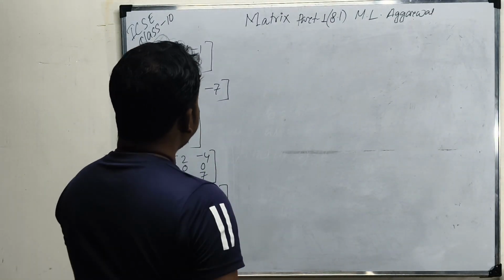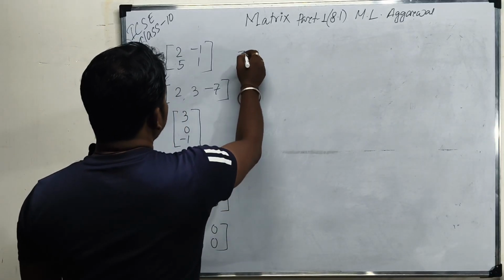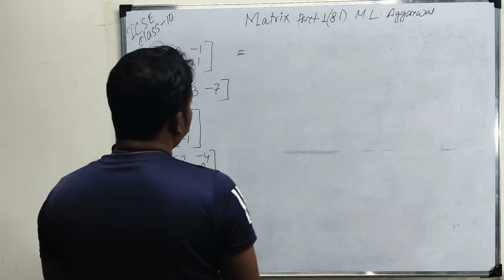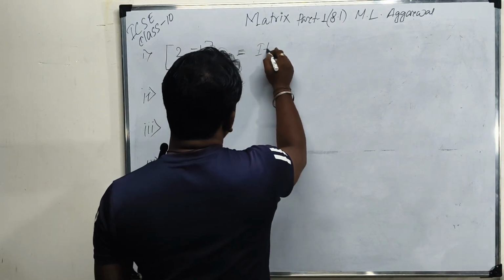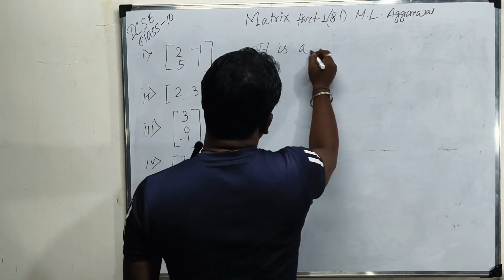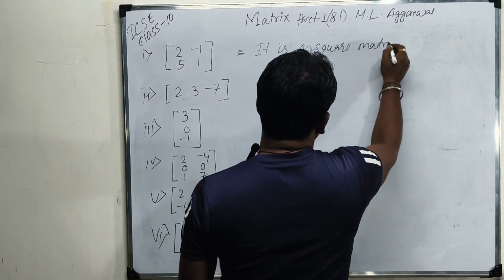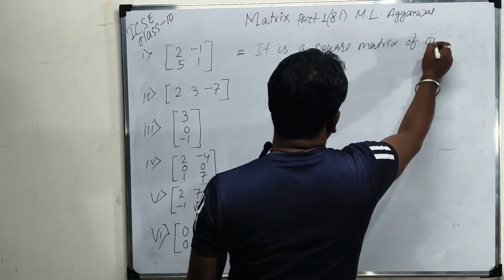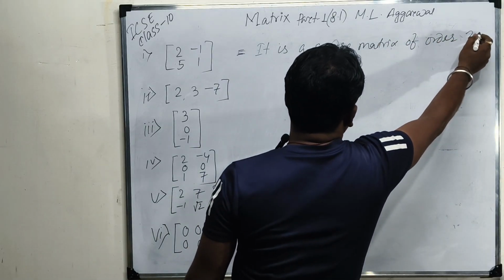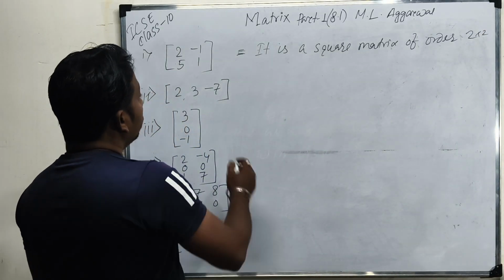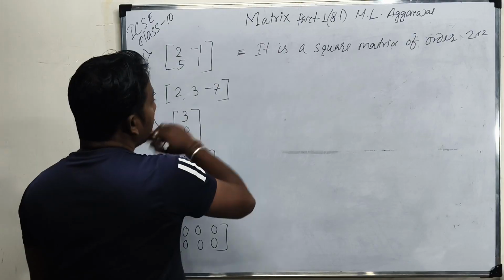Now classify the matrix. So here it is a square matrix, a square matrix of order 2 cross 2. Why a square matrix?